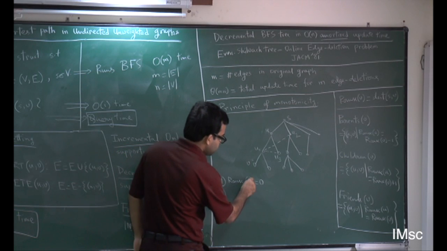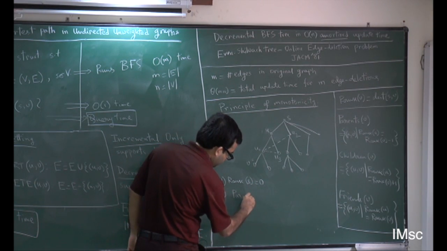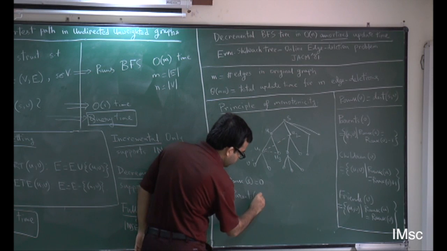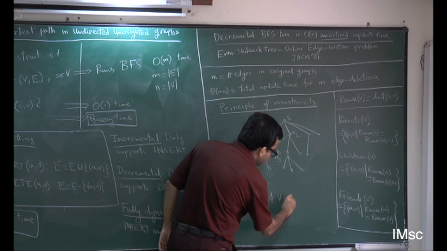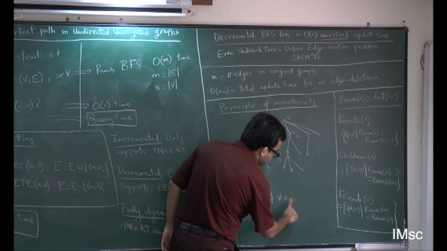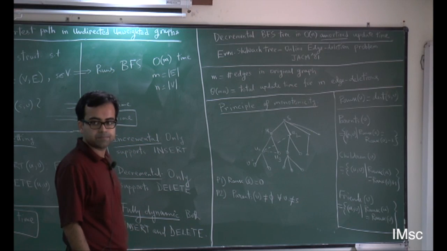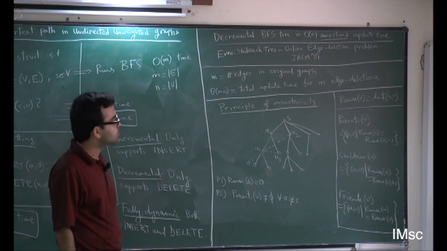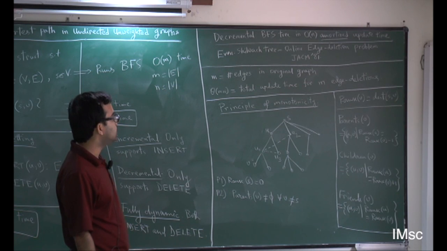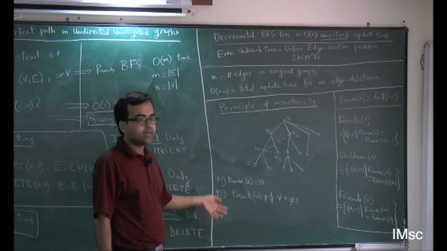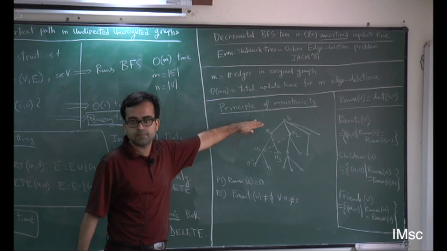So, basically it just says that parents of V is non-empty for every node V that is not the source, except the source, every node has at least one parent. Yeah, because if the graph is not connected, then since it is a decremental setting, you can just easily pre-process it and throw away the components that do not contain S. Okay.